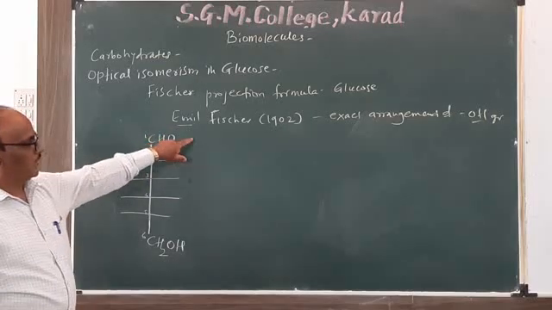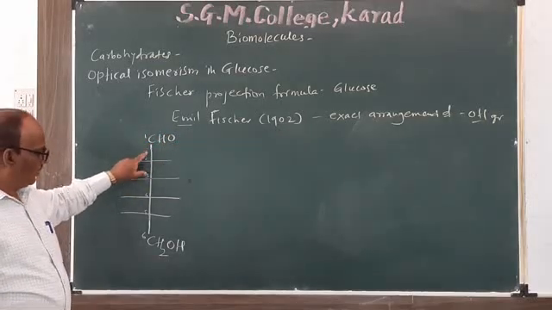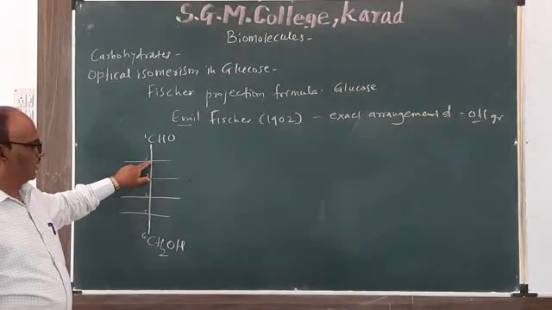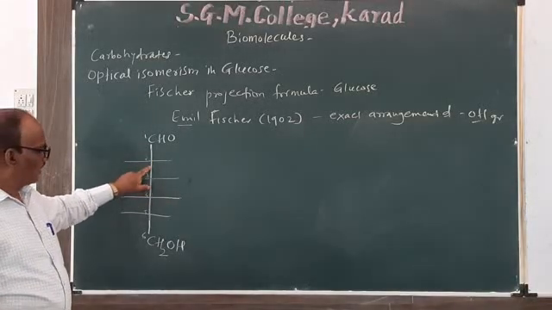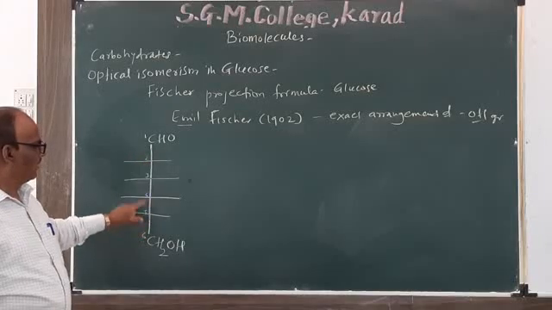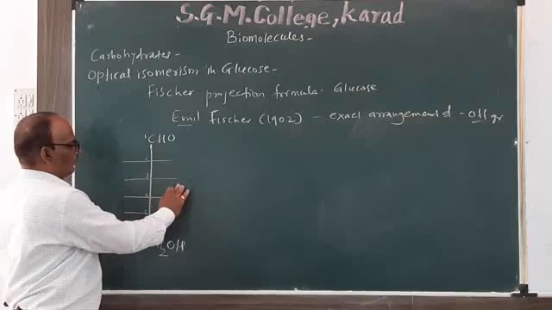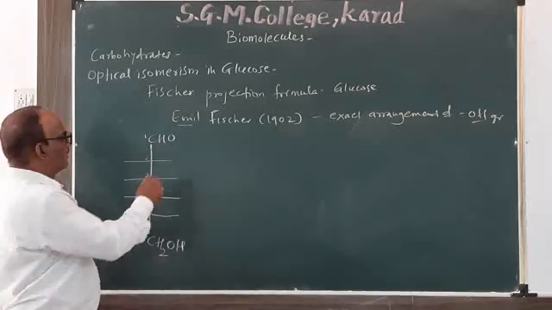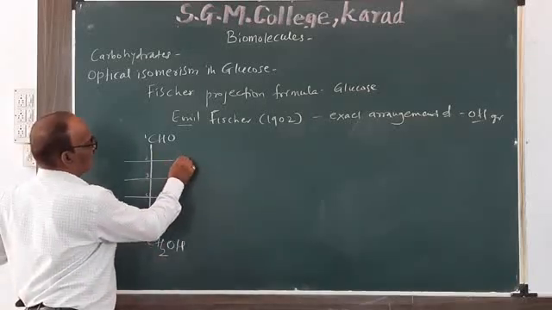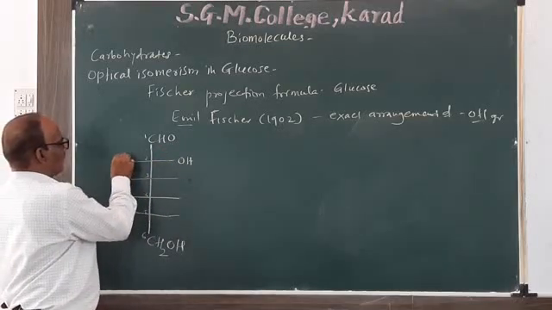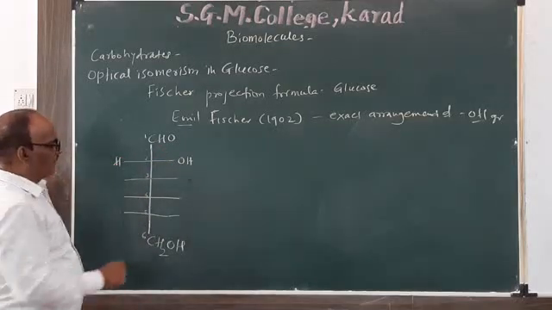In the Fischer projection formula, draw vertical lines and horizontal lines. This cross represents the carbon atoms. Around this vertical line, 2 groups are present, so write these 2 groups, H and OH. At the first carbon atom, the OH group is on the RHS and H on the LHS.